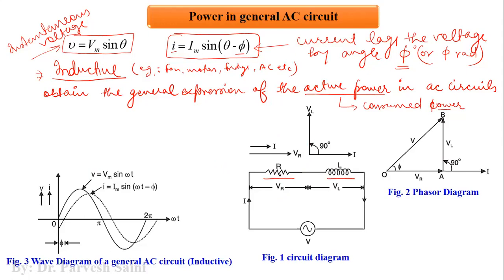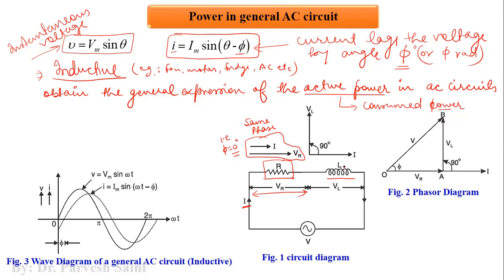As far as the resistance is concerned, the current that flows and the voltage that appears across this resistance will be in the same phase. That is, phi here is 0 degrees. They do not have any phase difference.